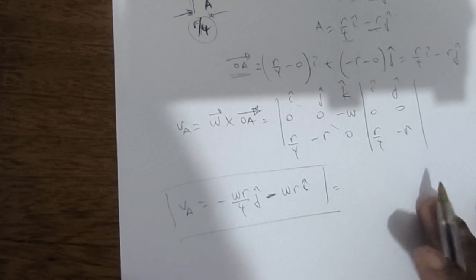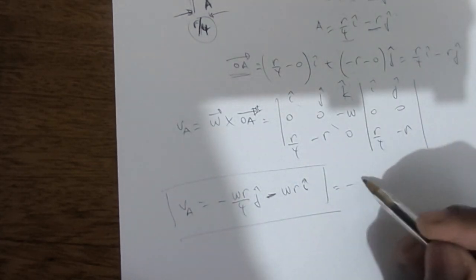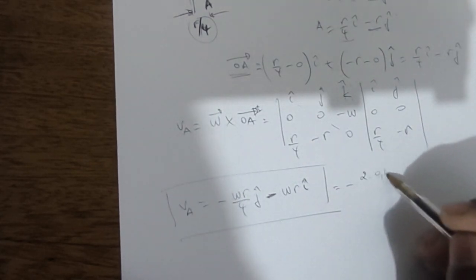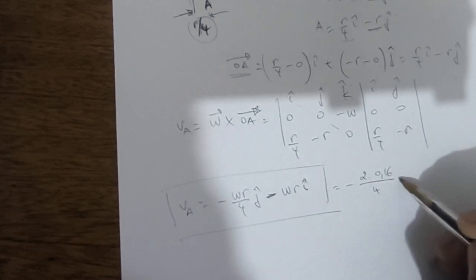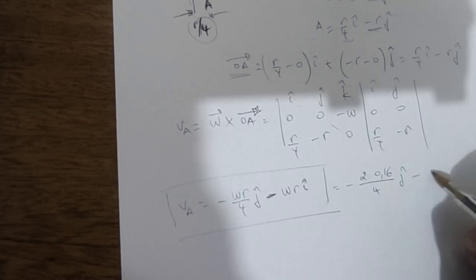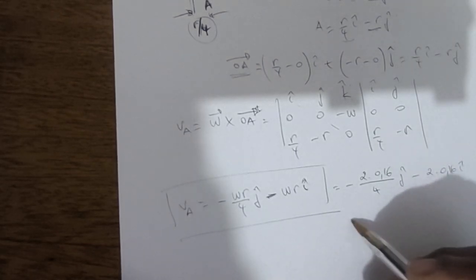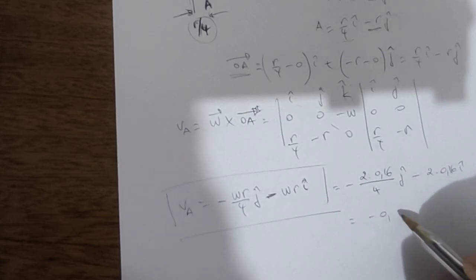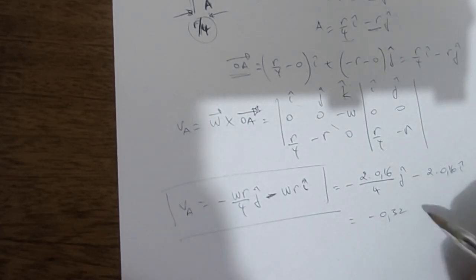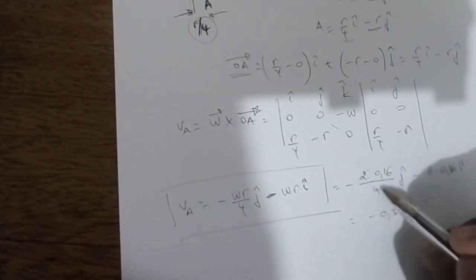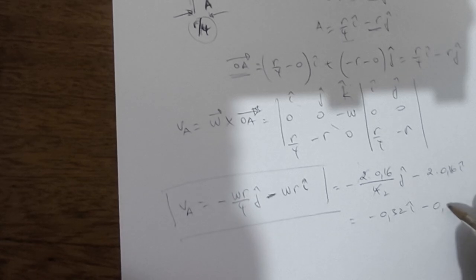If we substitute with the values, we'll have 2 times 16 quarter J minus 2 times 16 E, which leads to minus 32 E minus 1 is 2, and then 0.